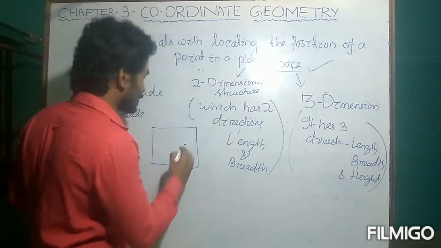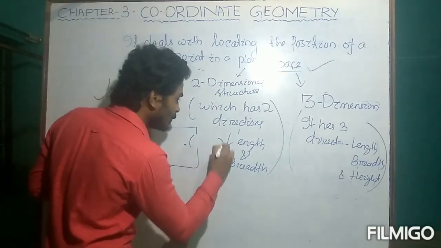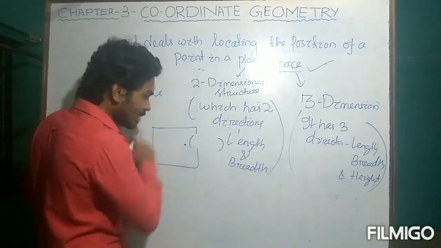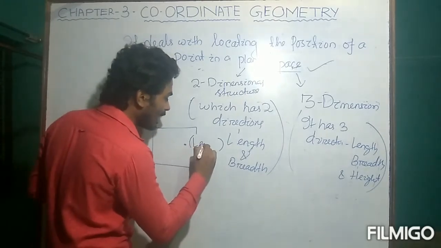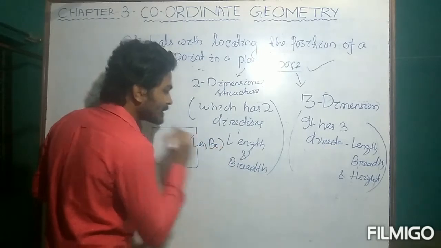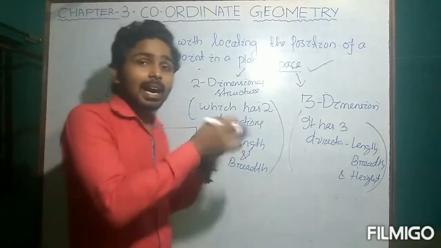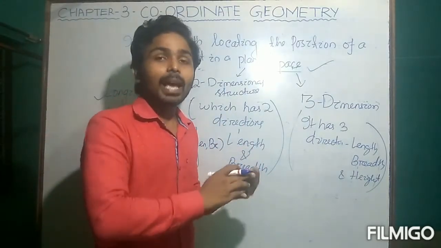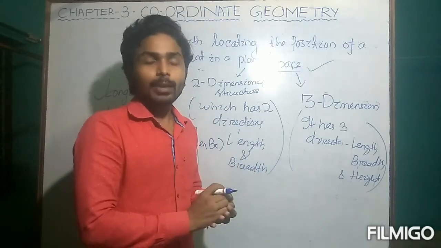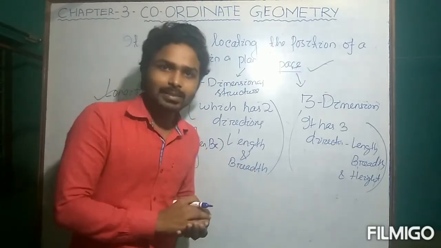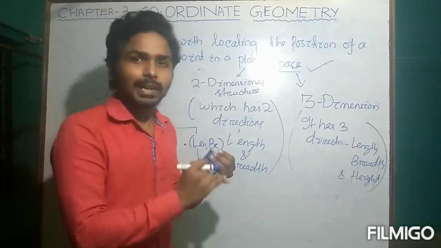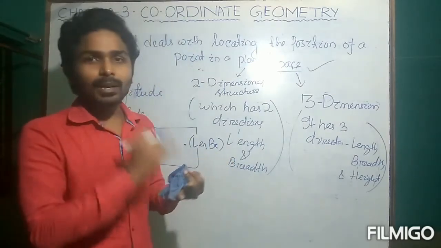We need two conditions. For this situation, we need a length as well as breadth. For the Sahara Desert, we need longitude as well as latitude. In order to find my friend's house, we need two conditions: street number and apartment number.